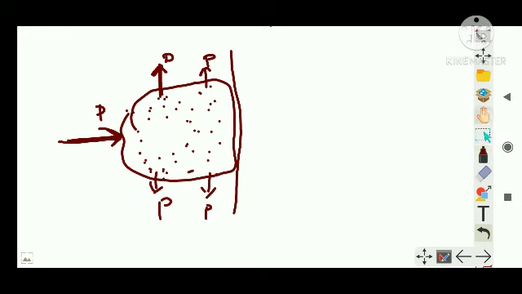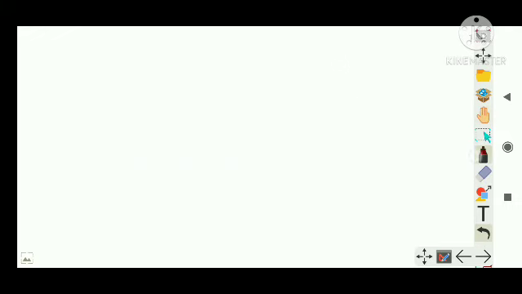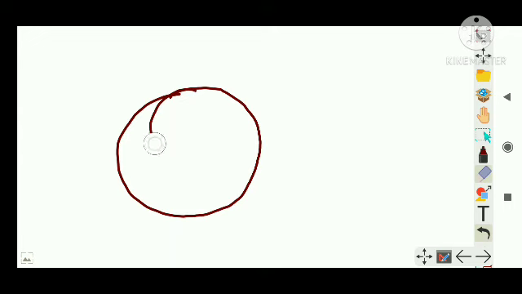Now, in order to make you understand more, let us take a vessel like this. Let's say there is an opening here, here, here, and here. So I'm having a device like this.